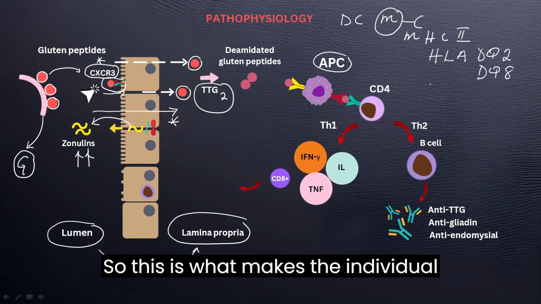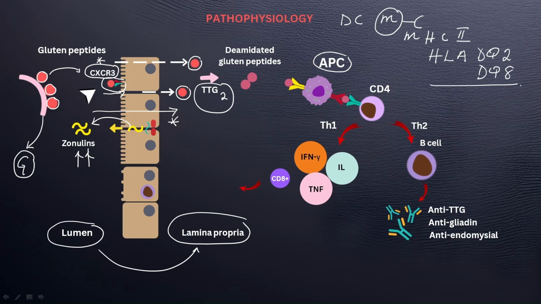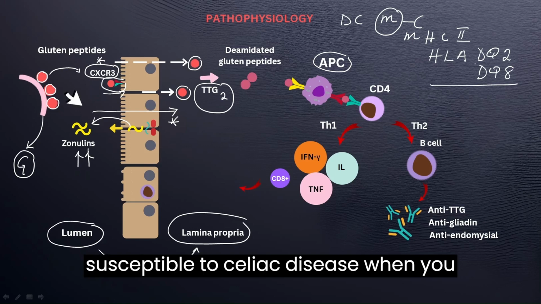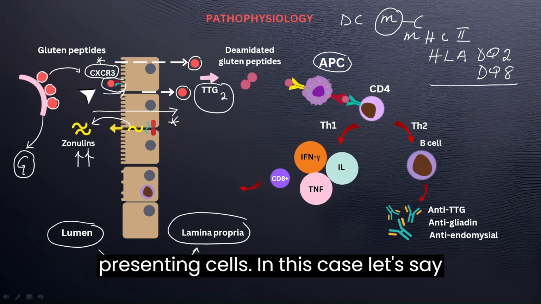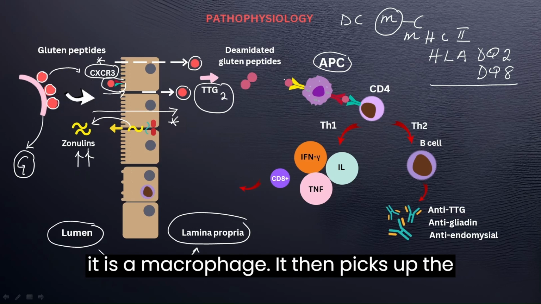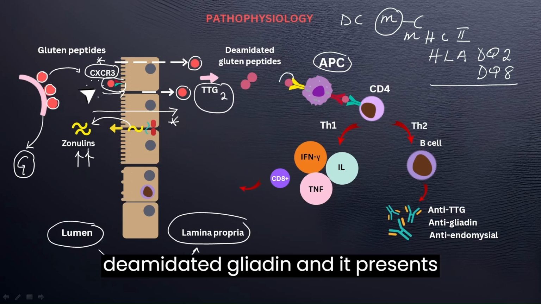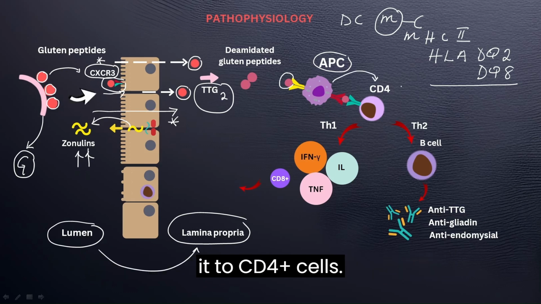So this is what makes the individual susceptible to celiac disease when you inherit any of these genes. So the antigen presenting cell, in this case let's say it is a macrophage, then picks up the deamidated gliadin and presents it to the CD4 cells.